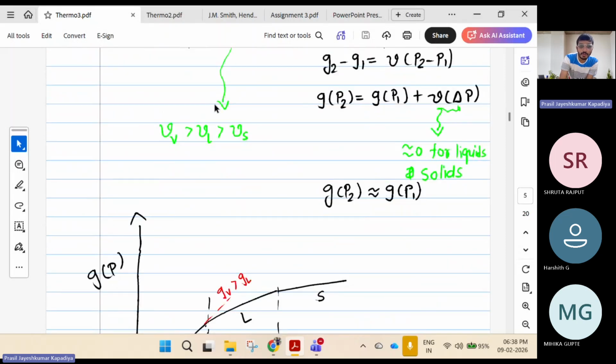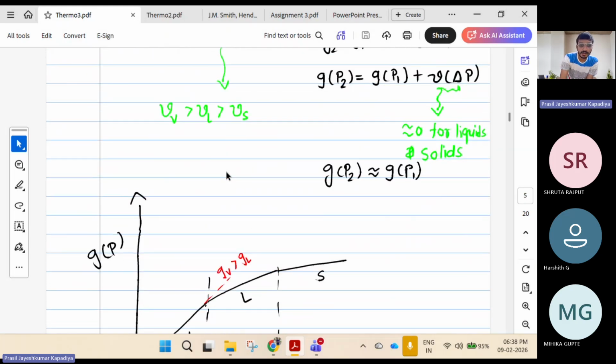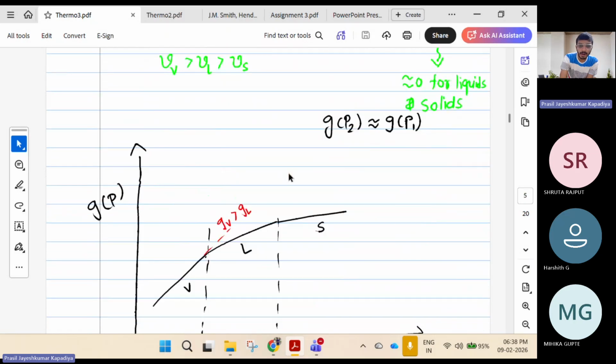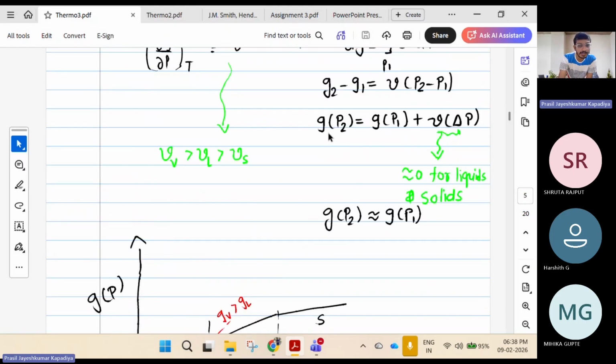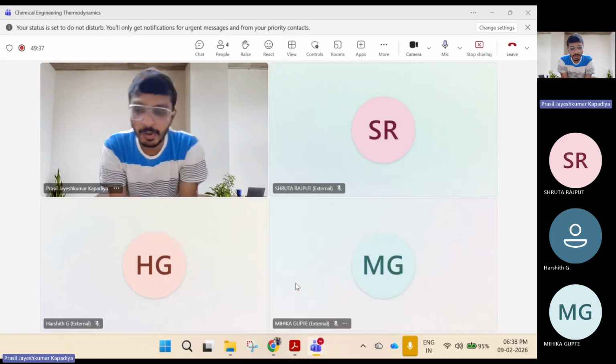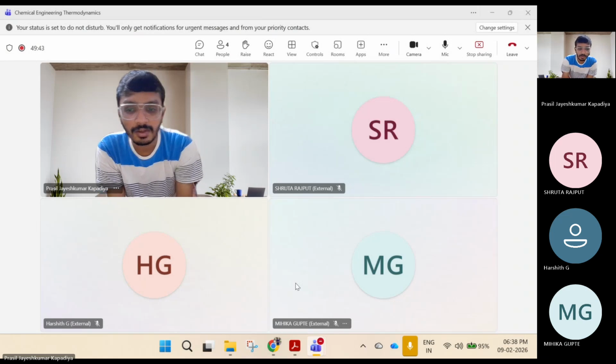But the volume change is not going to happen with increase in pressure. Slope is volume, so volume is not going to change with pressure. We know that. So G at P2 is approximately G at P1. Is it clear, everyone? That's why. Yes, sir.